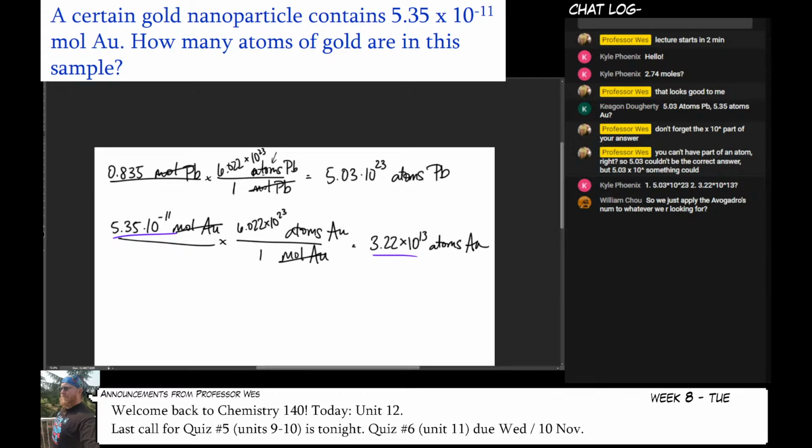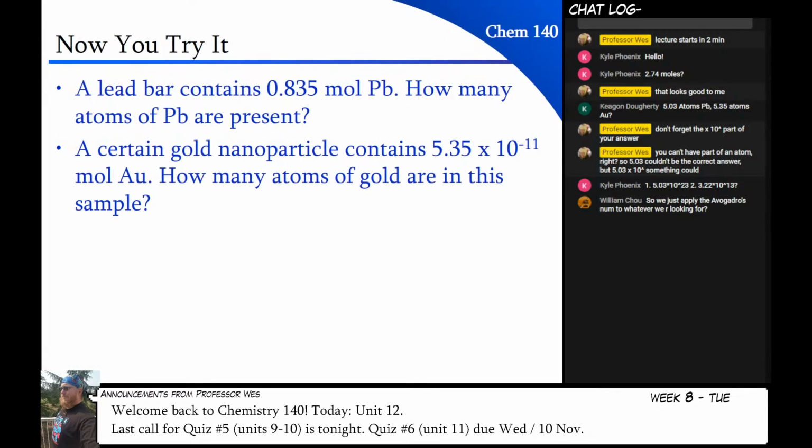Now, what does a mole look like? Let's see if I can find some pictures here. Yeah, here's a good picture. So, if we were going to look at what 1 mole of stuff looks like, here's what we could do.